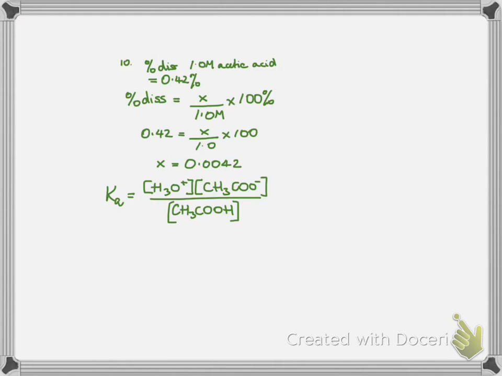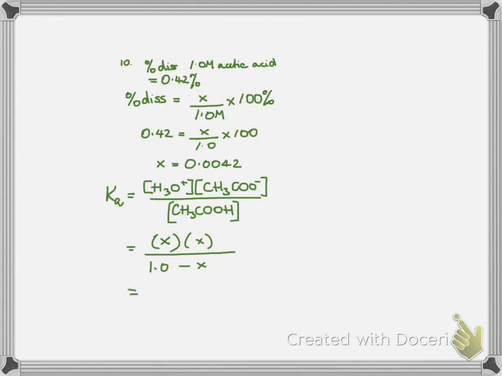So the concentration of the H3O plus ion will be x. The concentration of the CH3COO minus, the acetate ion, will be x. And the concentration of the acid will be 1.0 minus x. And we know the value of x.